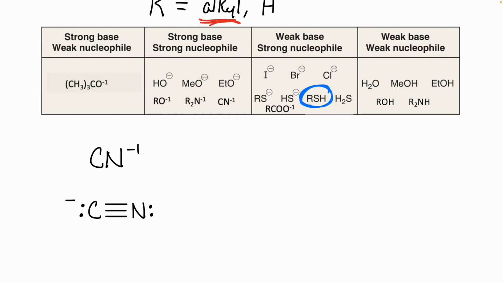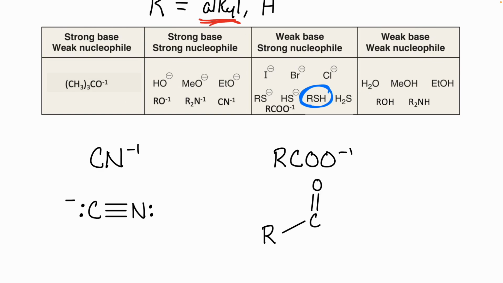Another one is RCOO minus 1. So now we have that R group, any number of carbons attached to this carbon here, right? But this carbon's got now 2 oxygens on it.